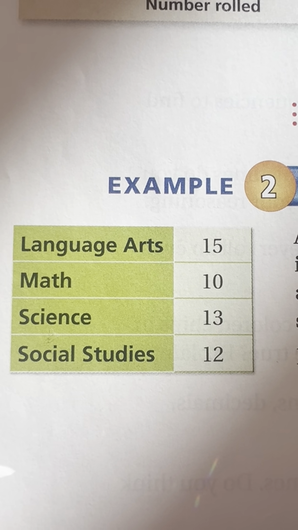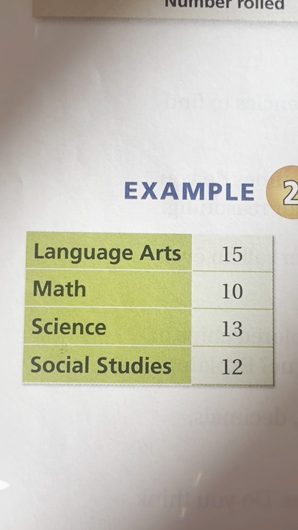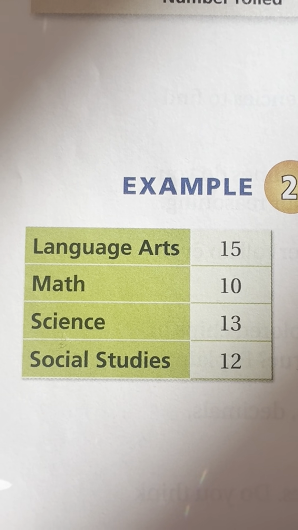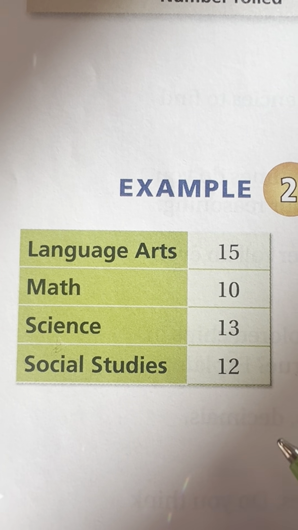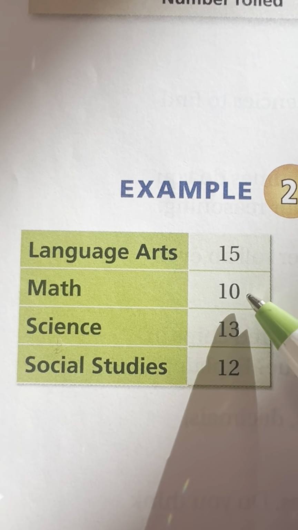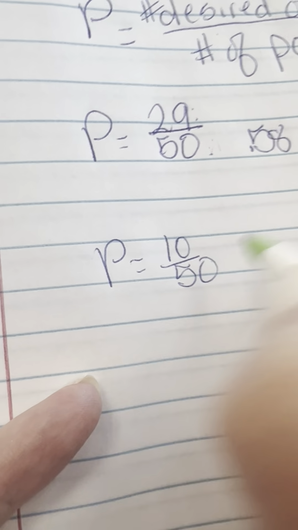It asks, what is the probability of a student selecting math as their favorite subject? The desired outcome of saying math happened 10 times out of 50 possible times. So that probability is 10 out of 50.